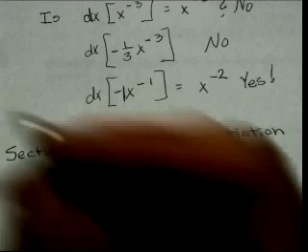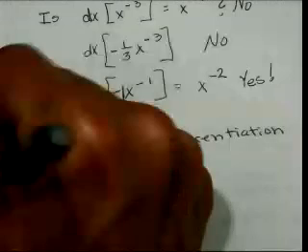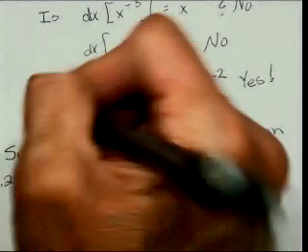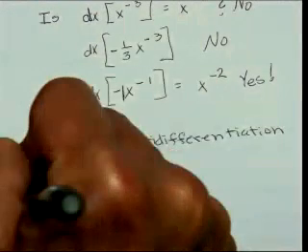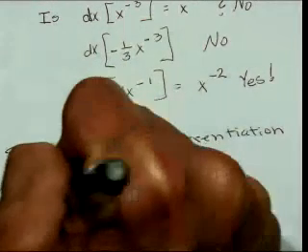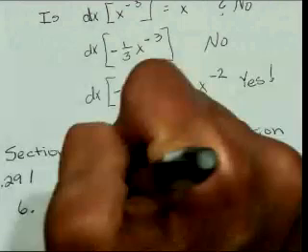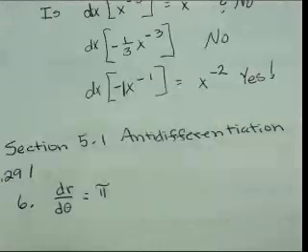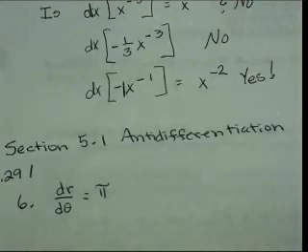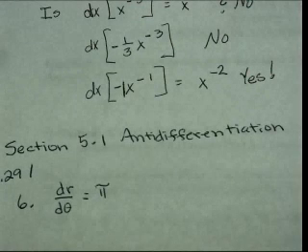Look at page 291. Your homework starts with number 5, so I just want to tell you something about number 6 and 8. Number 6, you're given the differential equation dr over d theta equals pi. Guess what the r would stand for? That's the radius, theta some angle.